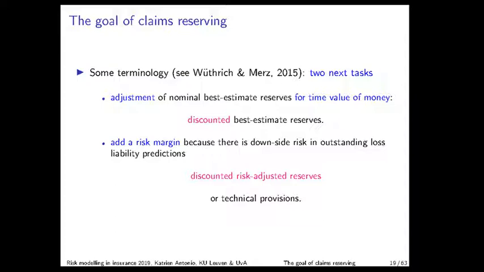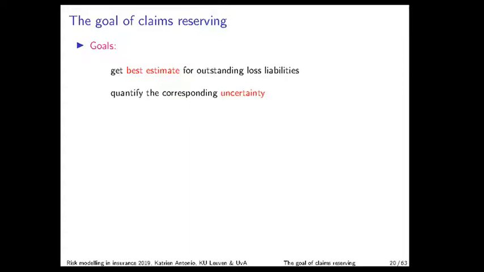Now, the claims reserving methods and models that will be covered in this set of videos will focus on one or multiple of the following goals. They will allow you to obtain a best estimate for the outstanding liabilities on past exposures. They let you quantify the corresponding uncertainty as a mean squared error of prediction that comes with this best estimate.